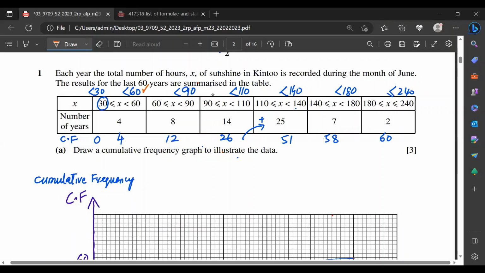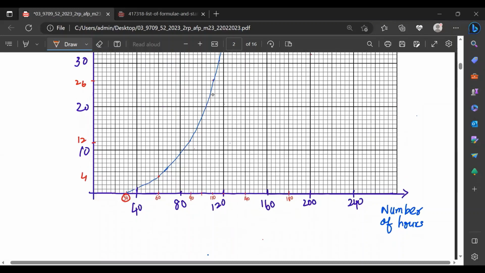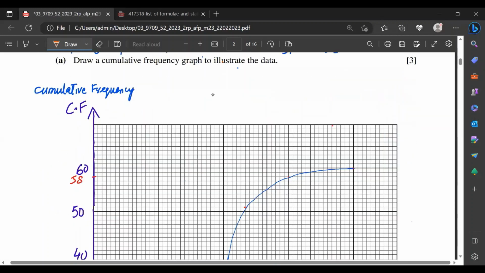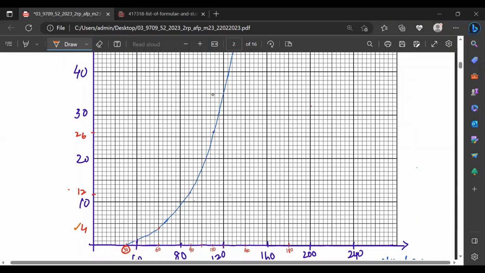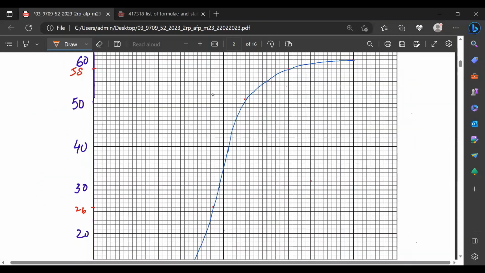Next we'll be plotting the values. For 60, the value is 4. If it is 90, the cumulative frequency is 12. You can notice here, already we have the graph. For 110, it is 26.